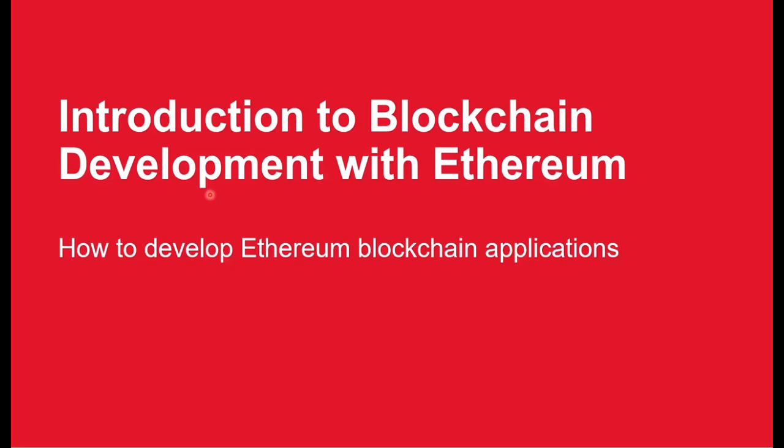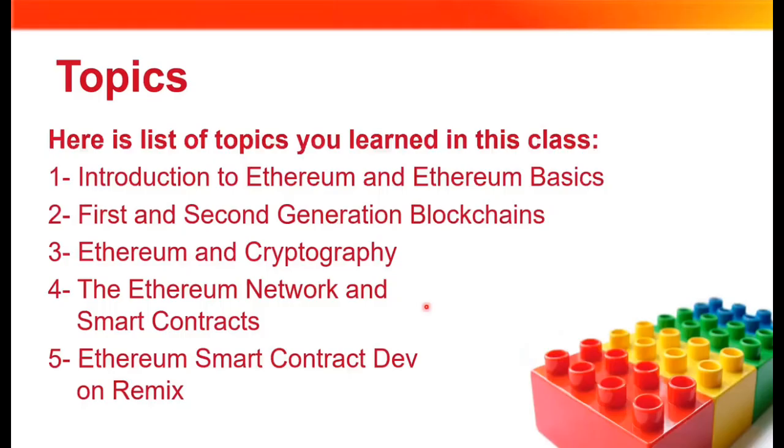Again, we just completed Introduction to Blockchain Development with Ethereum, how to develop an Ethereum blockchain application. And here's a list of topics we just completed. Introduction to Ethereum and Ethereum basics. We looked at first and second generation blockchains. We looked at Ethereum cryptography, and we looked at the Ethereum network and smart contracts.